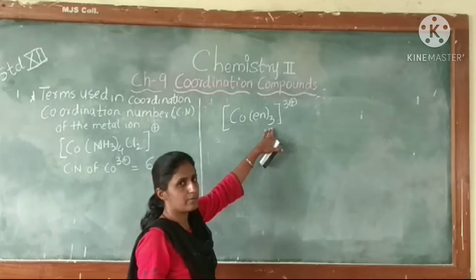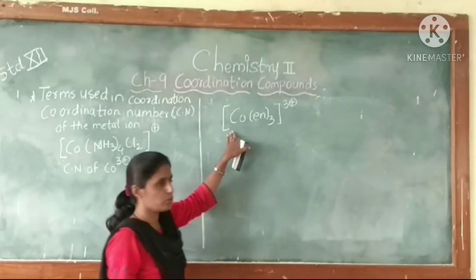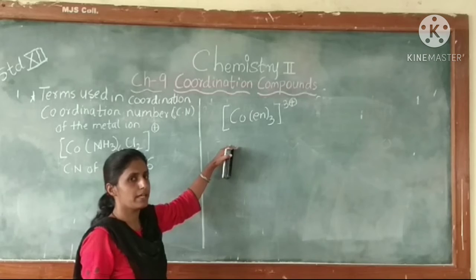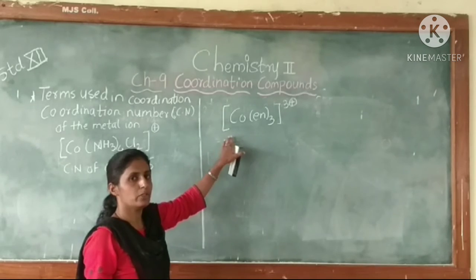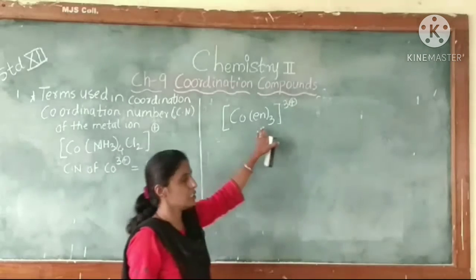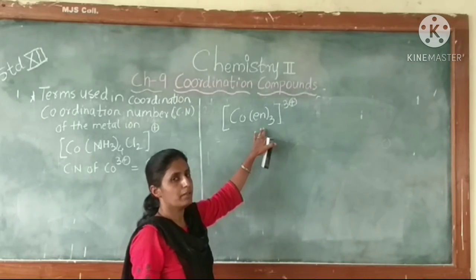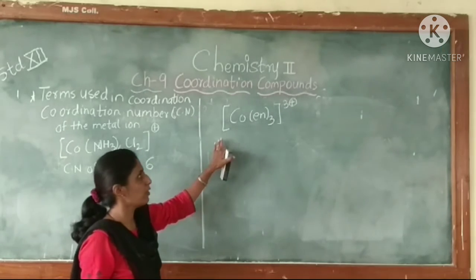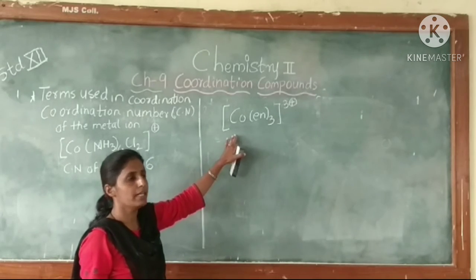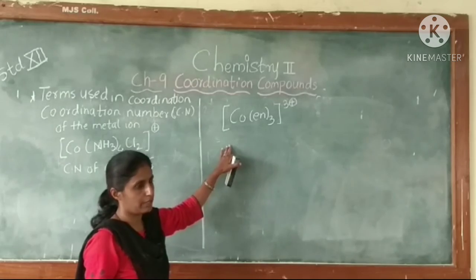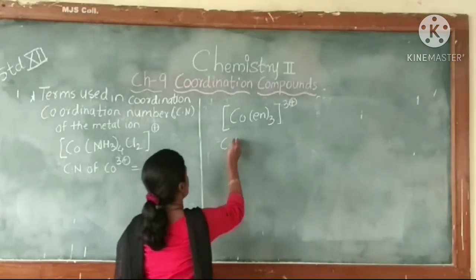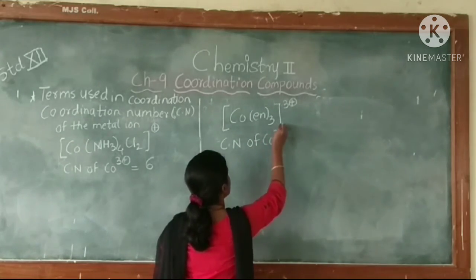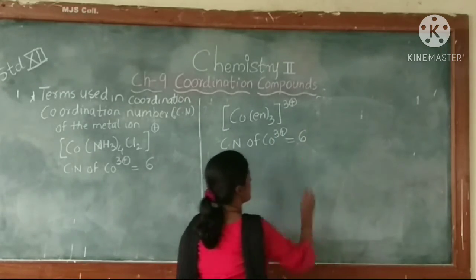So 3 molecules of ethylene diamine are attached to cobalt. Each ethylene diamine donates 2 pairs of electrons, so a total of 6 pairs of electrons are donated to the cobalt, hence 6 coordinate bonds are formed. So again we can see that the coordination number of cobalt in this complex is also 6.